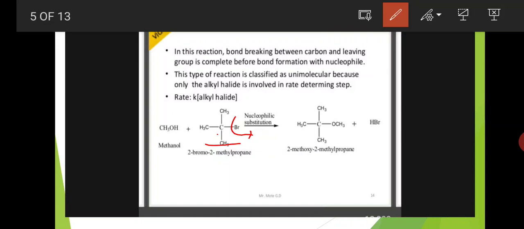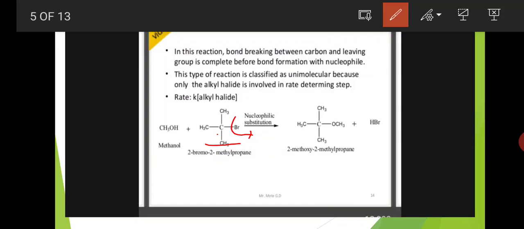This first step is the slow step and the rate determining step, and the only reactant is the tertiary alkyl halide. In the second step, the tertiary carbonium ion reacts with another nucleophile and forms another compound. The second step is the fast step.